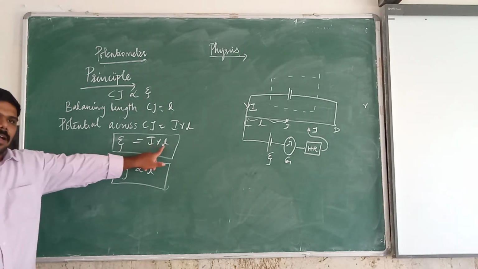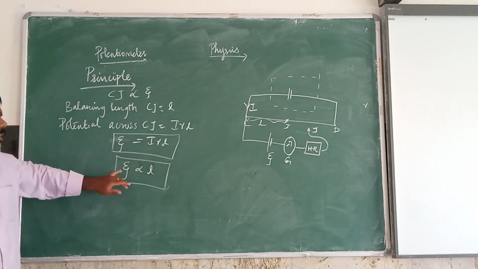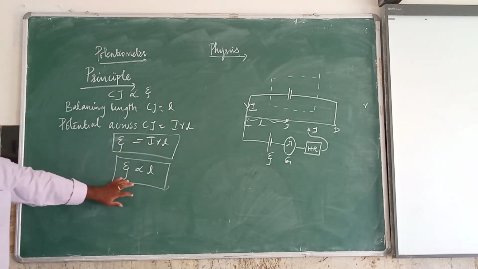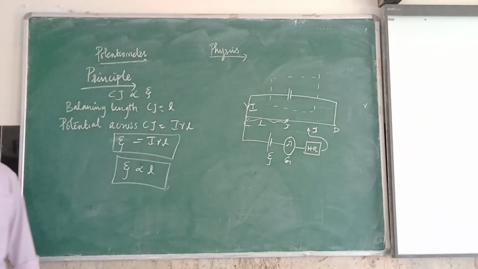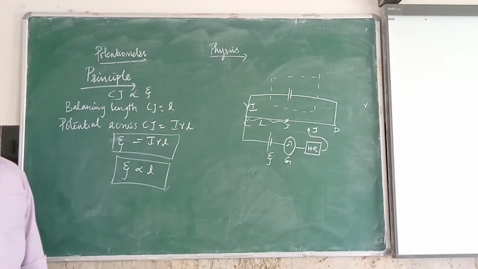So psi is equal to I R into L. From this, I and R will be constant, so the EMF of the cell will be directly proportional to the balancing length of a potentiometer.